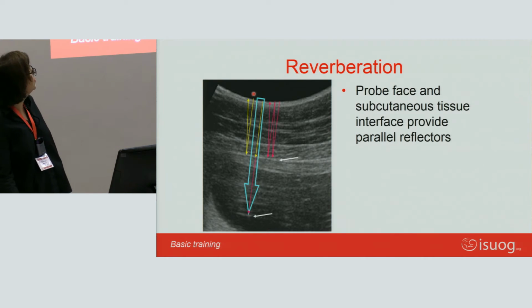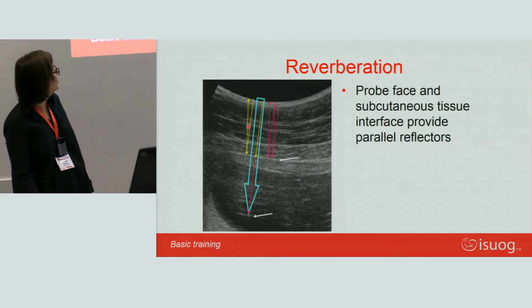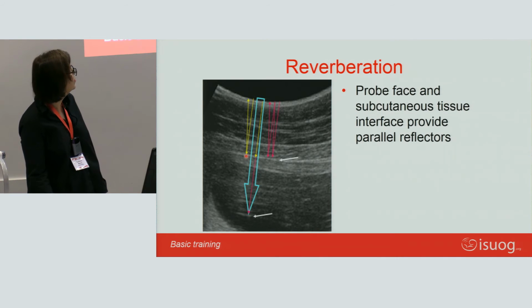Here the ultrasound beams are traveling through the uterus to the myometrium, and they are being reflected back. Here they are being sent in, reflected, and then sent back and reflected, and that line is represented as a shadow down here. So this line here is really representing that line there in the myometrium.